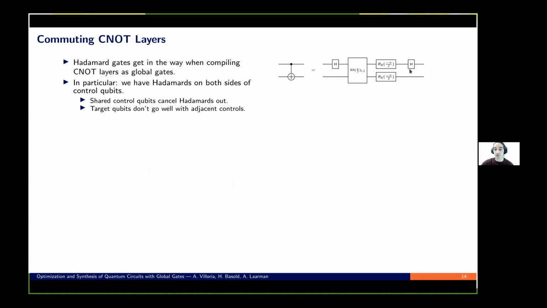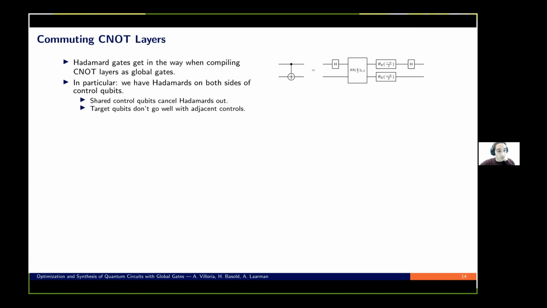These Hadamard gates do not commute with the two qubit interaction. So if you were to have, for example, later a CNOT that has the control qubit as a target, then if you do this same circuit equivalence and you try to put the XX gates together, you won't be able to.